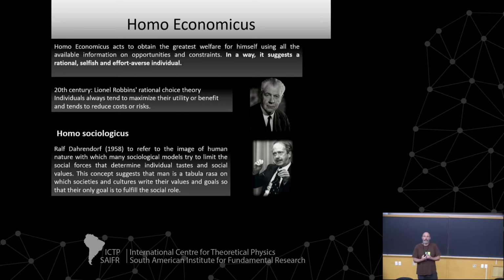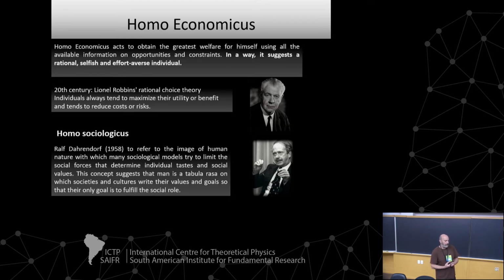So it's not that the individual is not selfish, but is an individual that has some constraints because of living in a society. And this new concept was called Homo sociologicus.